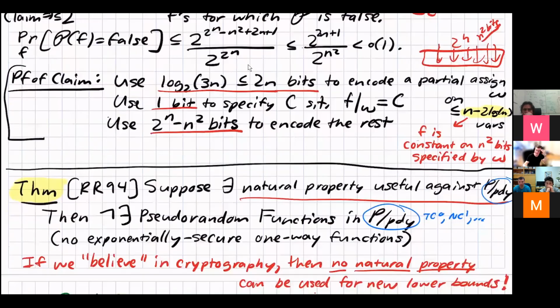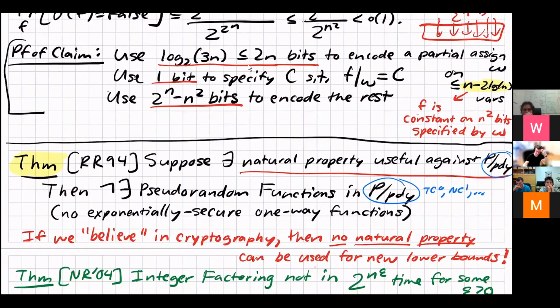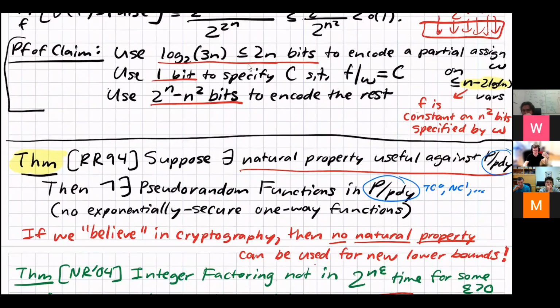It says, if we believe in cryptography, then no natural property can be used to prove lower bounds, even against TC0, for the following reason.